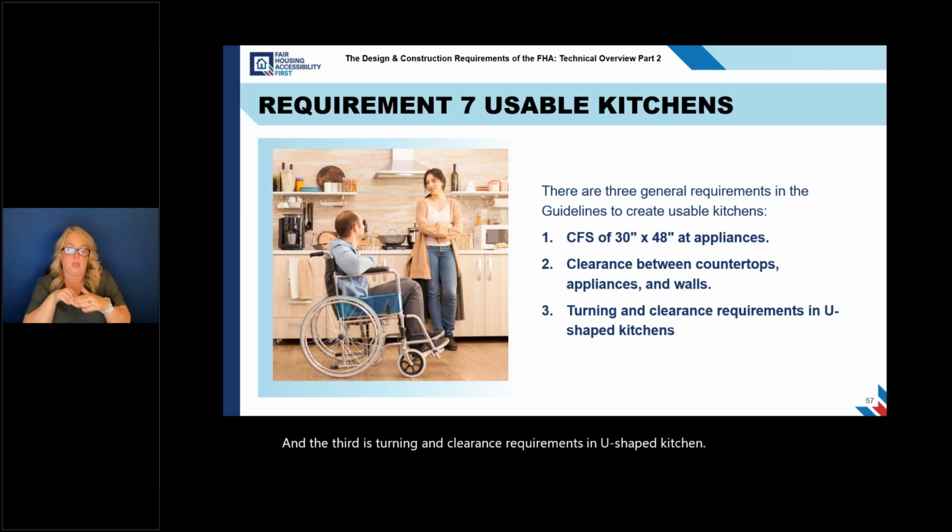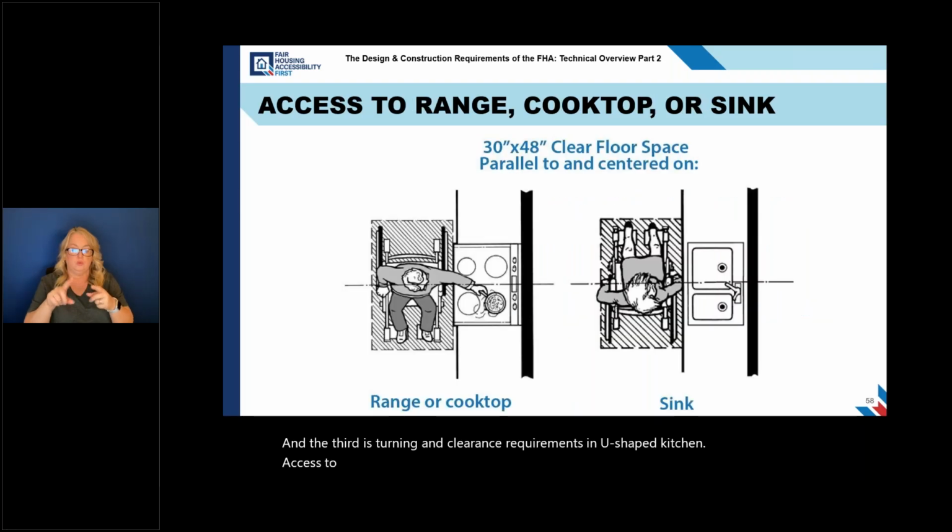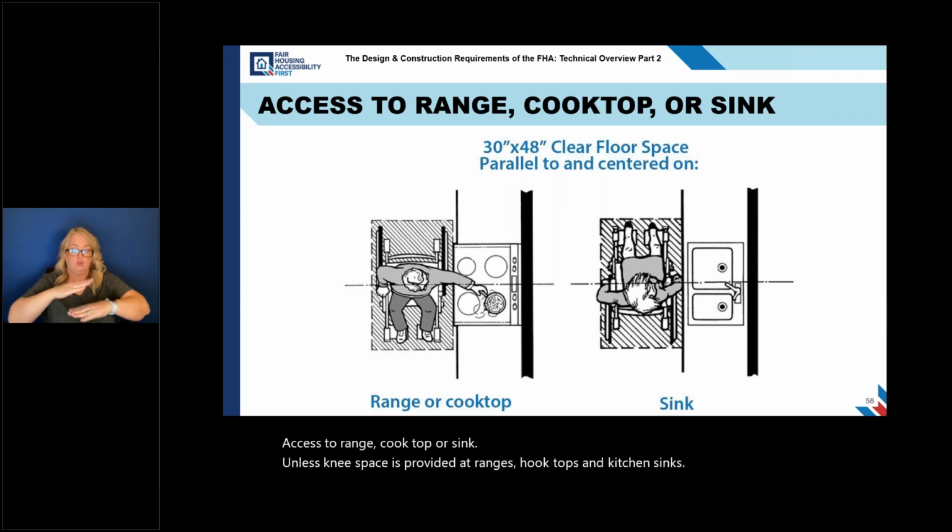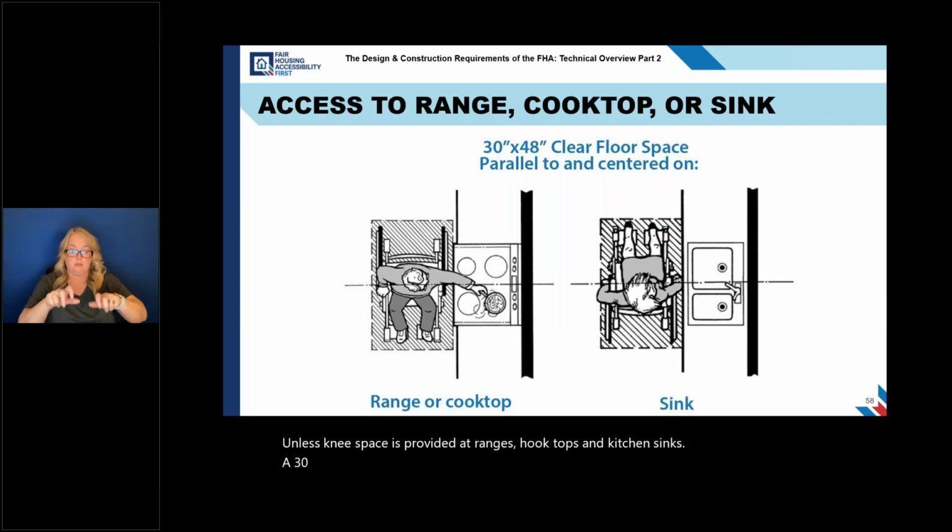Access to range, cooktop, or sink. Unless knee space is provided at ranges, cooktops, and kitchen sinks, a 30-inch by 48-inch clear floor space is required parallel to and centered on the fixture.